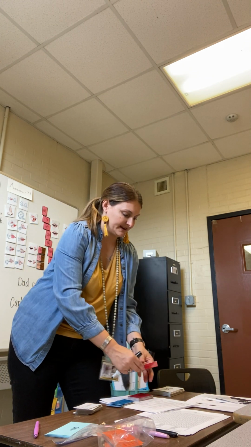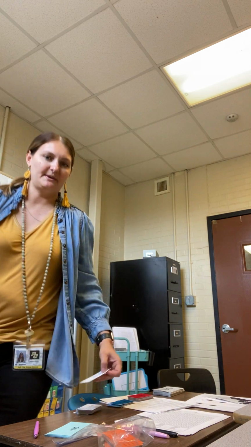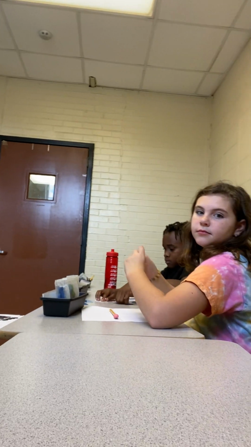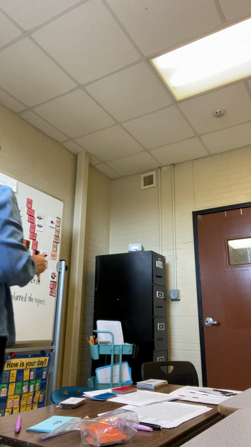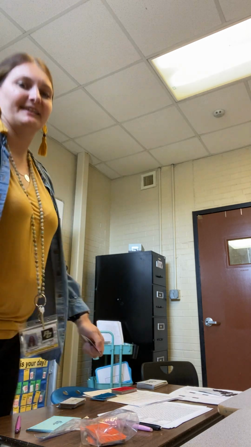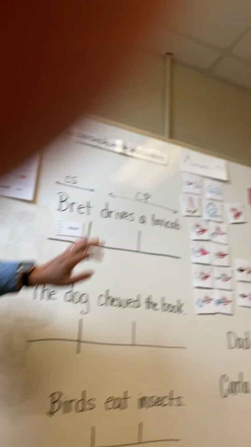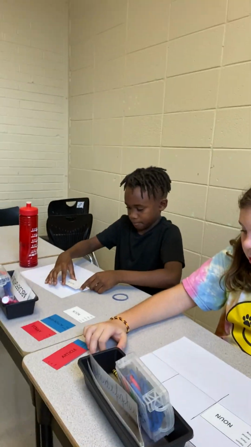He's a noun. Very good. Can you pick up noun for me? Good job. All right. So on my board, and you have one on your table, we're going to put it in the section underneath where Brett would go in the sentence. All right.